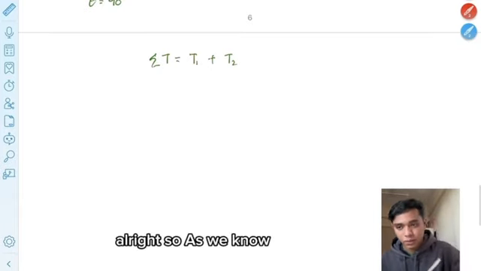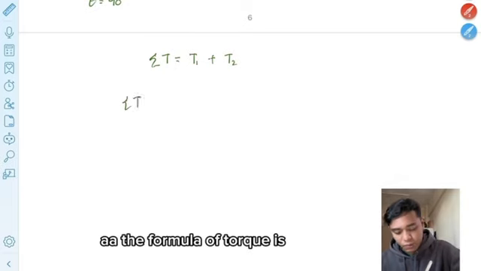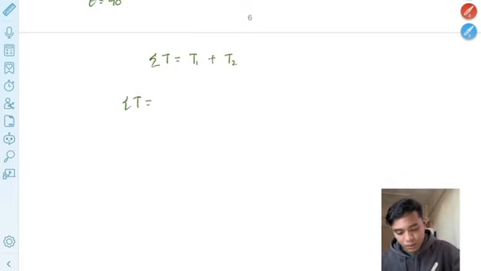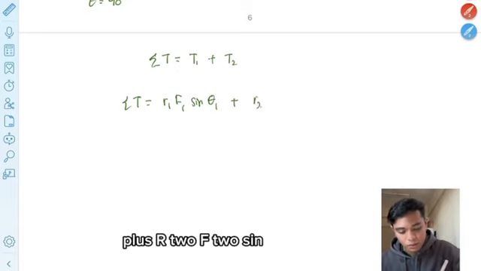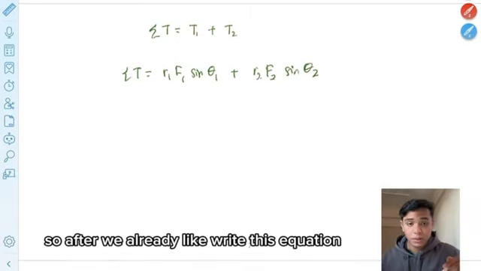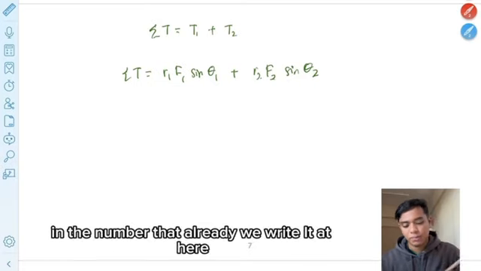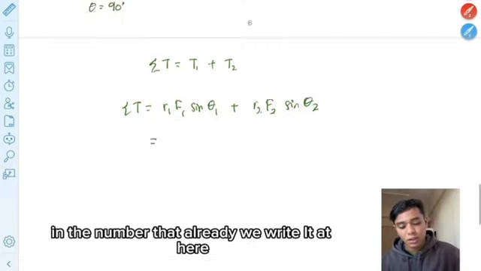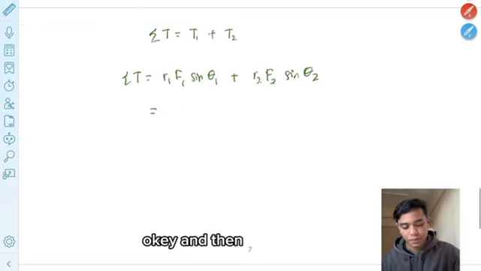As we know, the formula of torque is r1 F1 sin theta 1 plus r2 F2 sin theta 2. After we write this equation, we just fill in the numbers we already wrote down here.